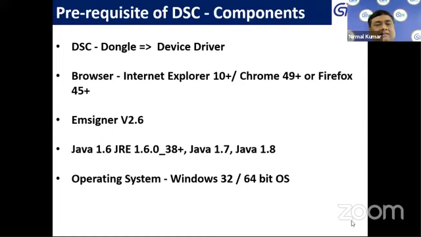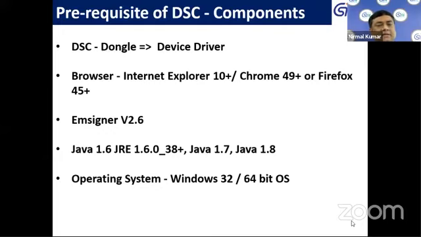The dongle itself was not being recognized by the computer. He called one of the persons, and then he found out there is something called a device driver. The device driver is a software program which has to be installed for the device you are attaching to the desktop or your laptop.